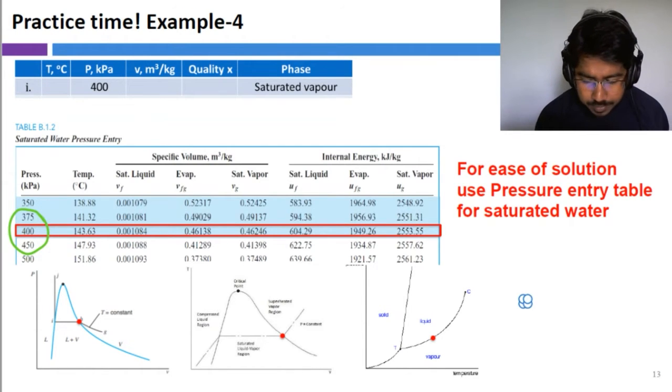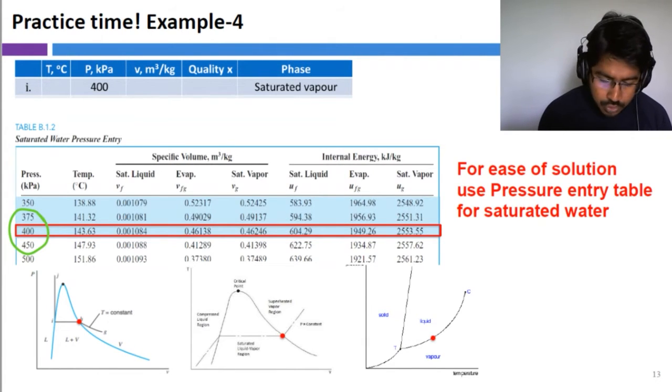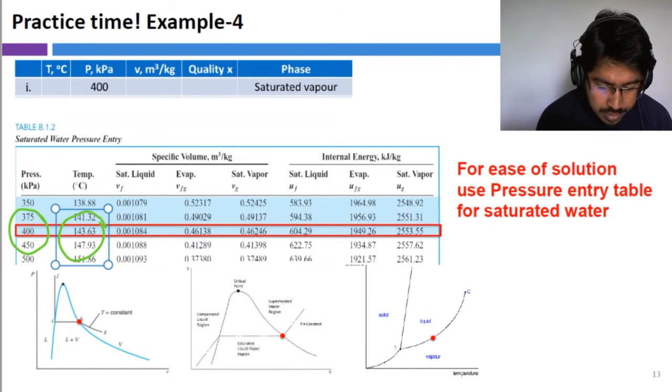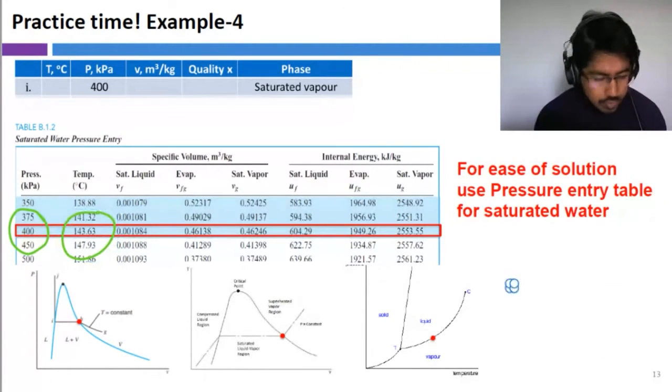Have you located this point? Tell me once you have located this one. Perfect. So once you locate this line, you see that right beside the pressure column, you have a temperature column, right? Then from that, you can grab the temperature applicable for this particular case.